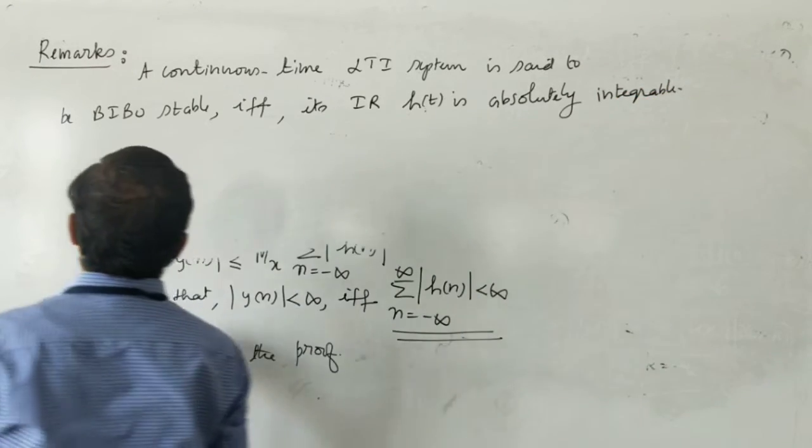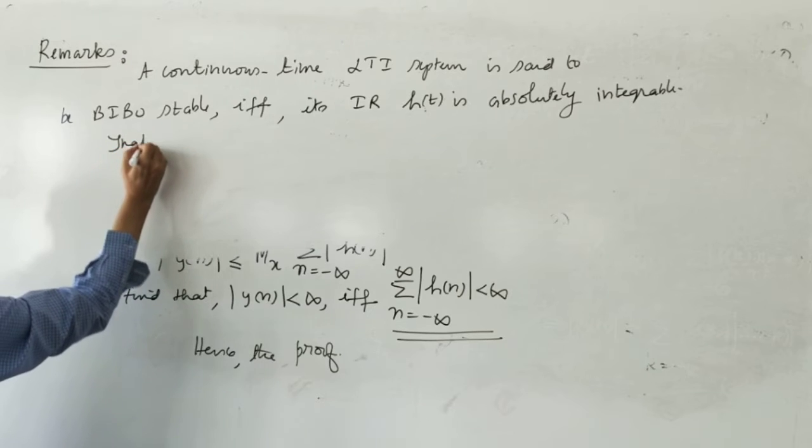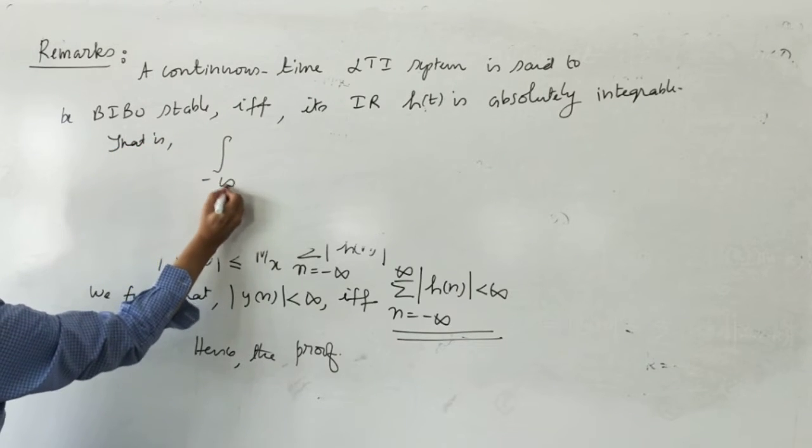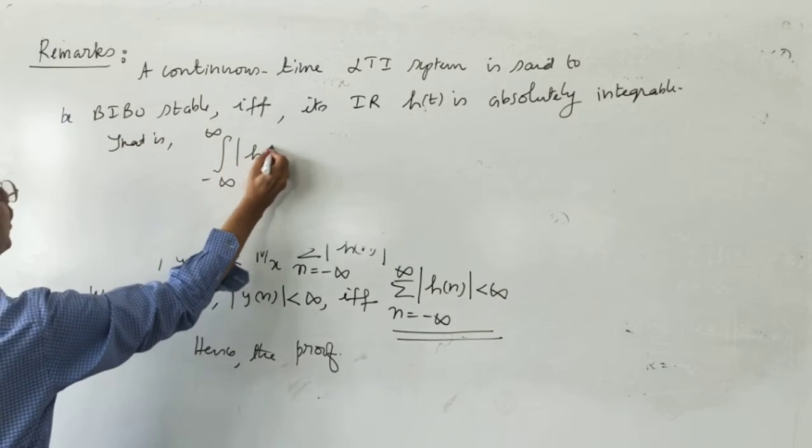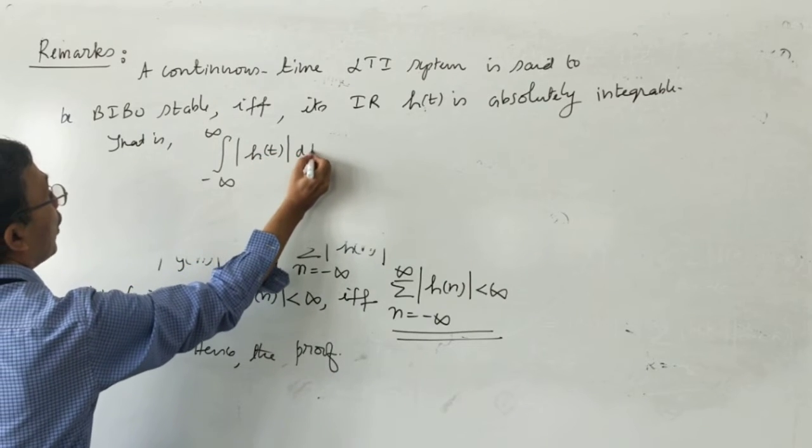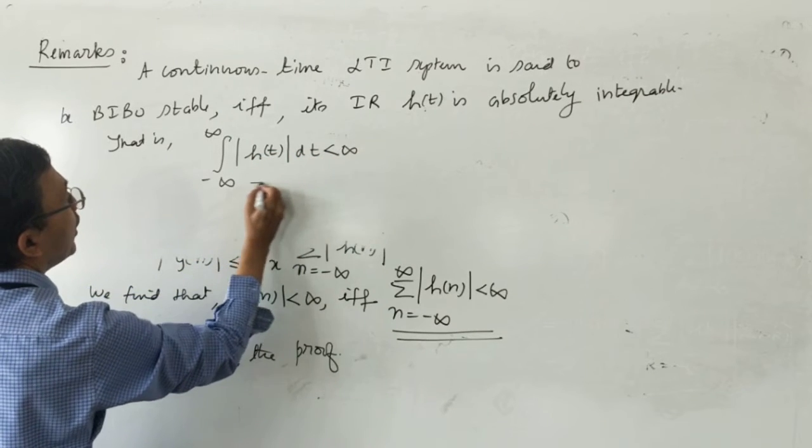That is, integration from -infinity to +infinity modulus of h of t dt is less than infinity.